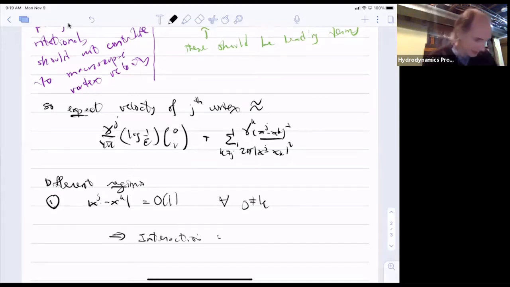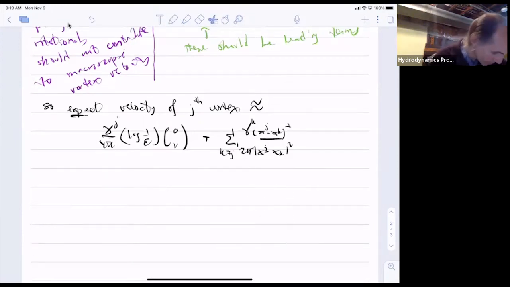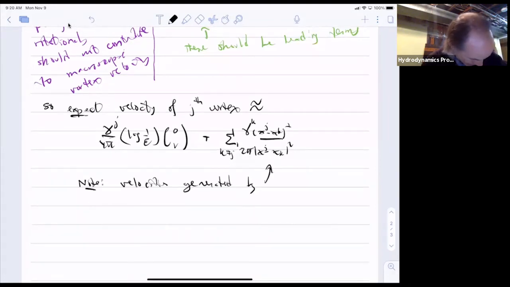Well, in general, the velocities generated by the second term are of order 1 over the distance between the vortices.